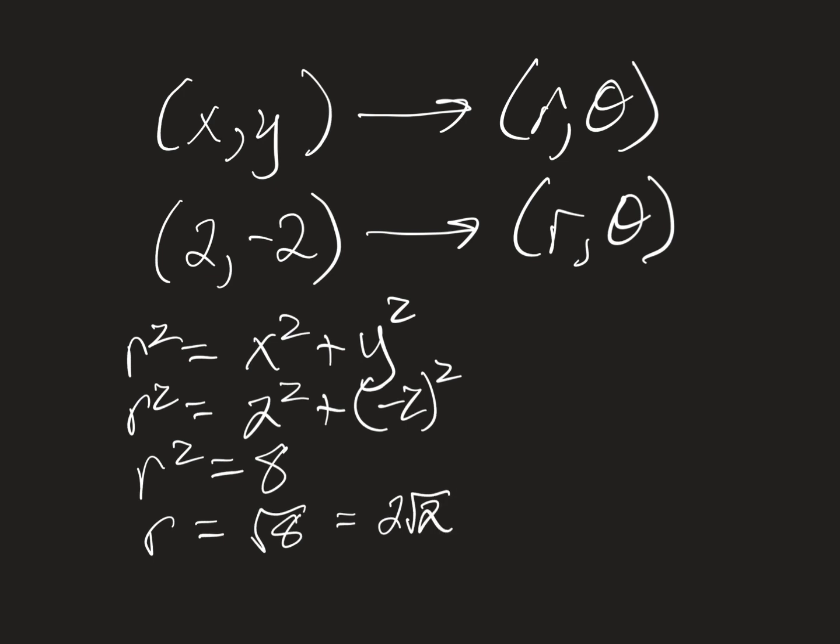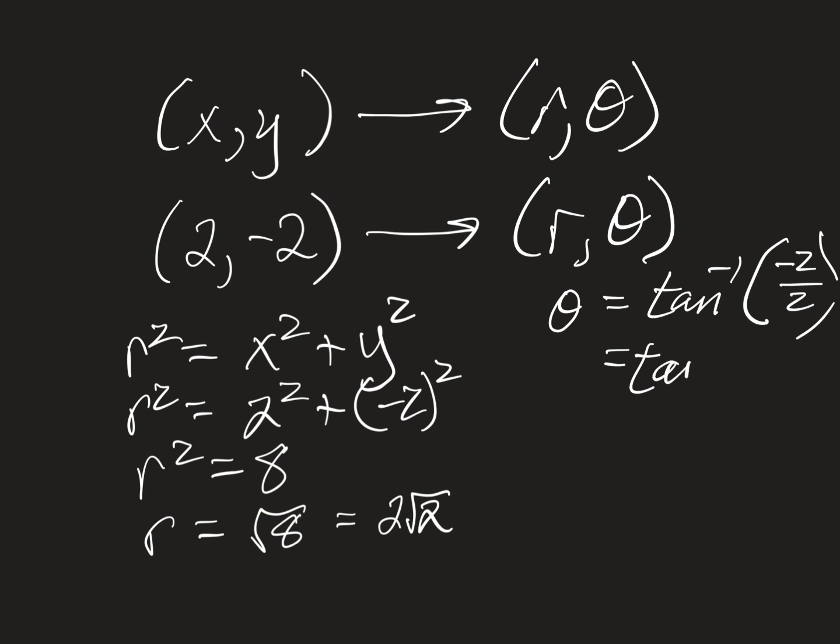And now we want to do theta. We know that theta is equal to the inverse tangent of y over x, so negative 2 over 2, which is the inverse tangent of negative 1.